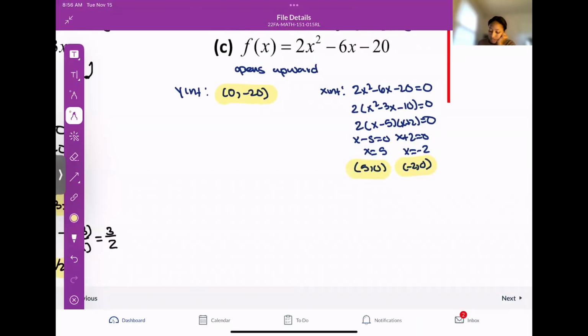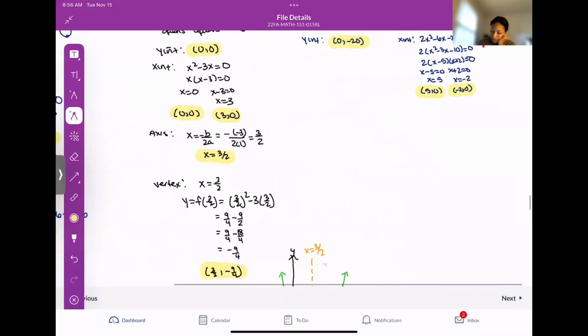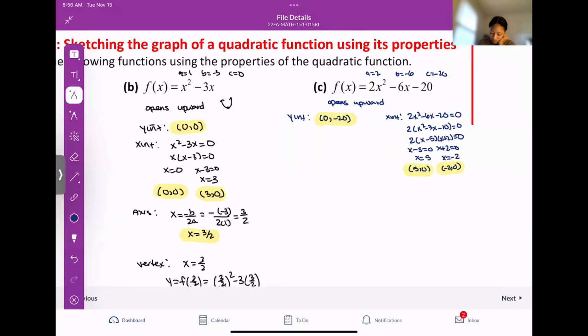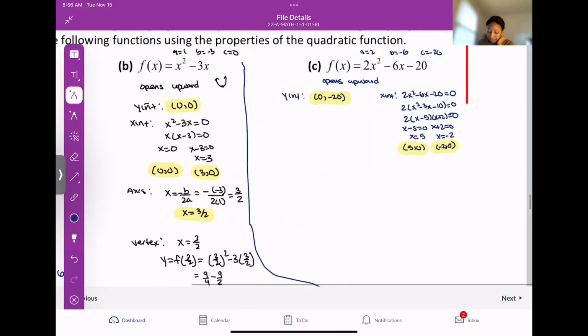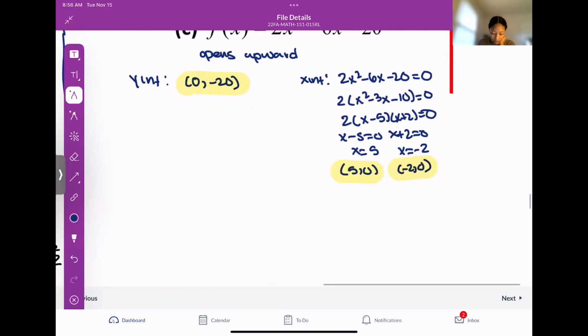All right, what's left? I want to make sure we have room at the bottom there to sketch as well. So let me draw my little cutoffs here. What's next? Axis of symmetry. We would have x equals -b over 2a.